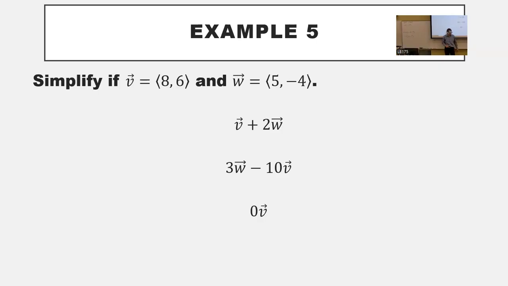I could say that vector V is 8, 6, and vector W is 5, -4. And then do operations on these as well. Go ahead and try these on your own.